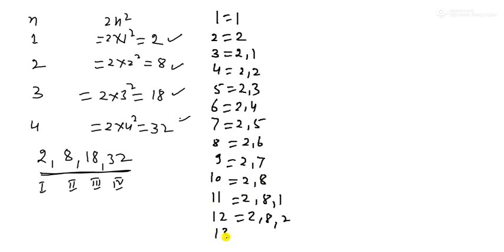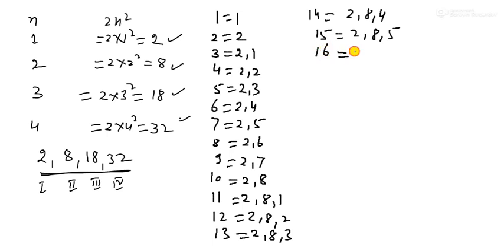13 is 2, 8, 3. Now 14 is 2, 8, 4. Now 15 is 2, 8, 5. This is the electronic configuration of these atoms. And 16 is 2, 8, 6. Now 17 is 2, 8, 7.